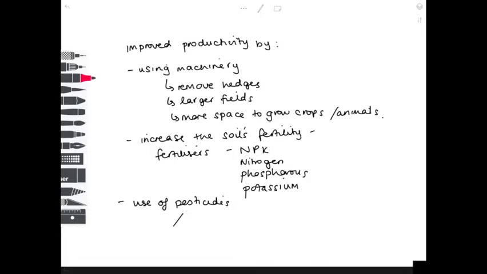And this includes both insecticides, so killing insect pests which feed upon our crops, as well as herbicides, which are weeds effectively that compete for nitrates in the soil, for sunlight, for water, etc. So if we can kill the weeds and we can kill the insects which feed upon our crops, we can increase the amount of crops we produce.